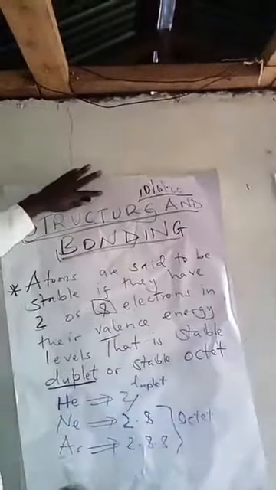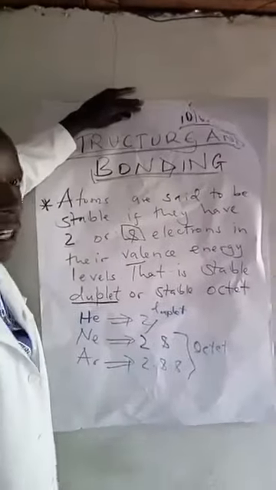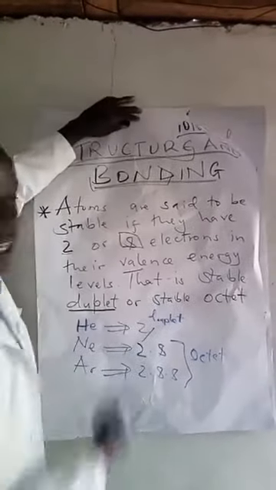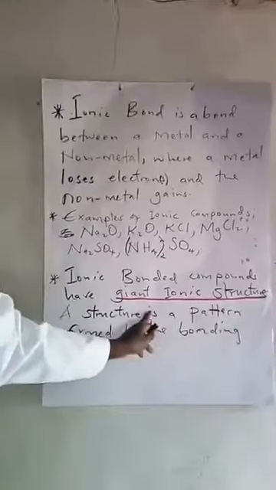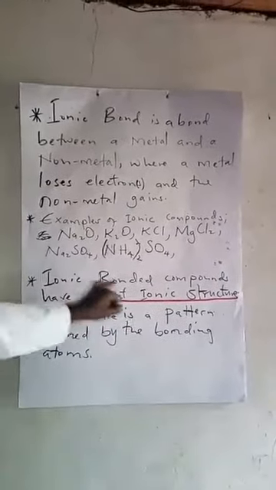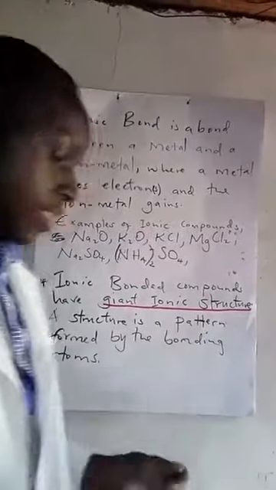When we say ionic bond, it has its own structure. Covalent bond has its own structure. Metallic bond has its own structure. So for ionic bond, that's why we've said all ionic bonded compounds contain giant ionic structure.